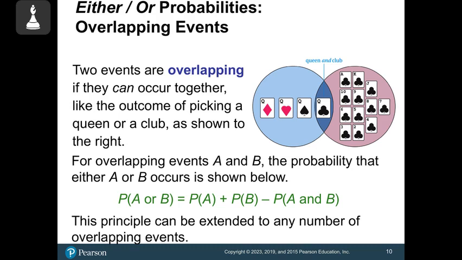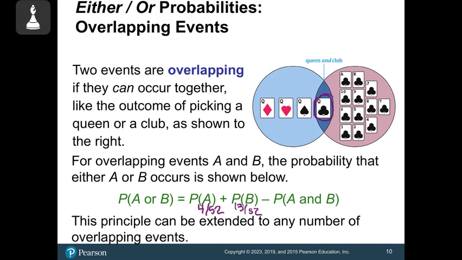So for the probability of an overlapping event, you're going to take the probability of the first one occurring. So there are 4 queens out of 52 cards, plus the probability of all the clubs, that's 13 out of 52, minus the overlap. So this card was counted twice. It was counted as a queen and it was counted as a club.